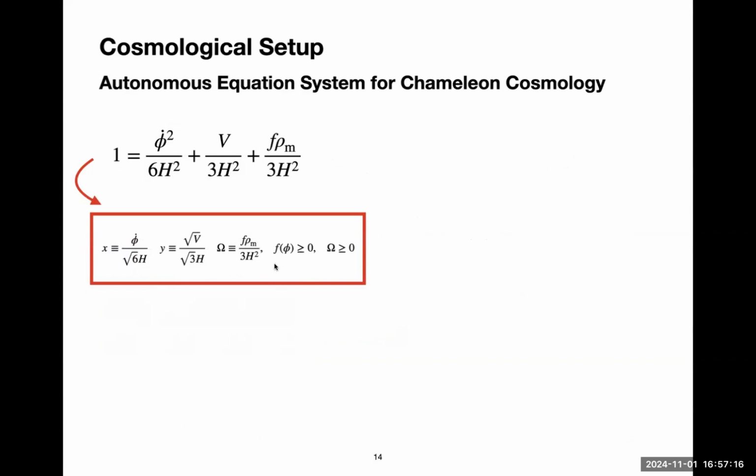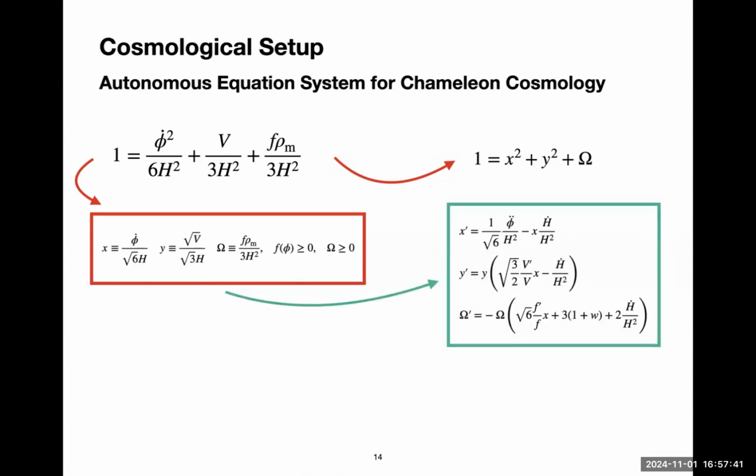So we take the coupling function as positive, and omega also as positive. When you plug in the defined variables and rewrite the Friedmann equation, we arrive at the following constraint equation, which has a much simpler geometry, and we find the autonomous equation system again.